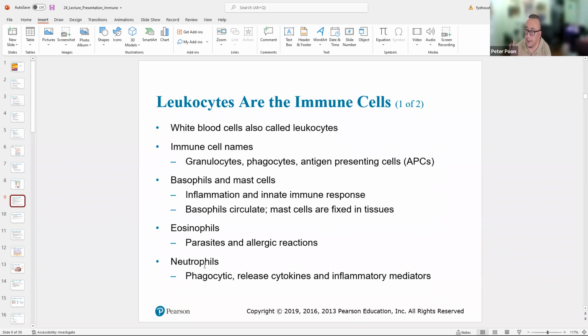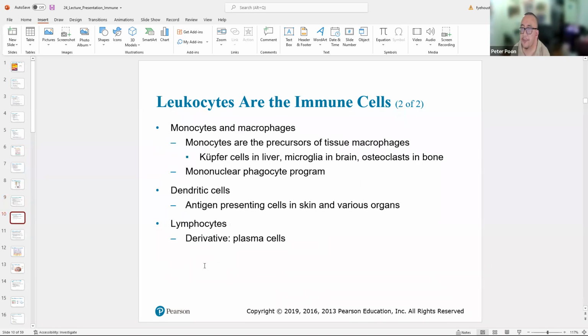Neutrophils are the first thing to arrive at the site of infection, and they'll try to eat up all the bacteria. Sometimes they succeed, sometimes they don't. They release cytokines to bring the rest of the immune system in.